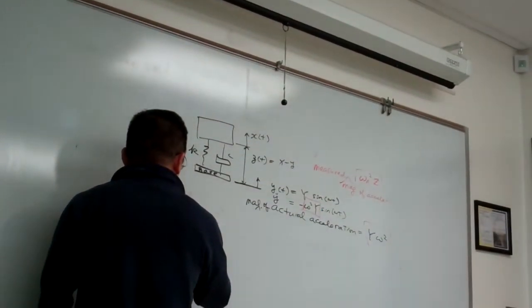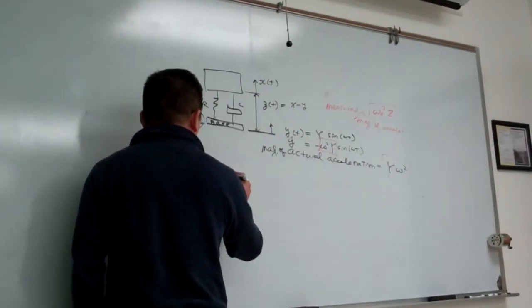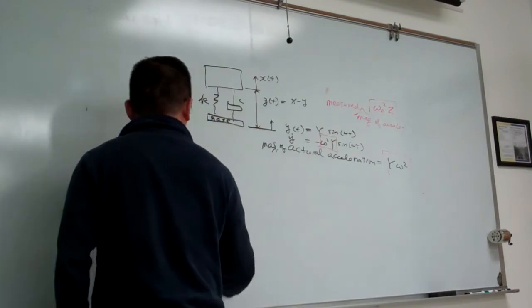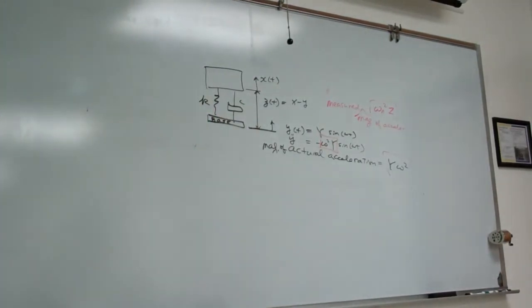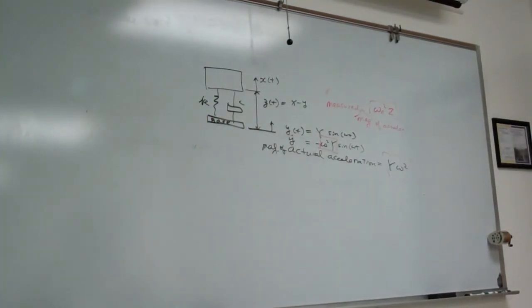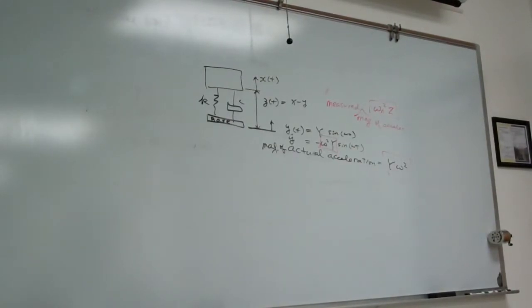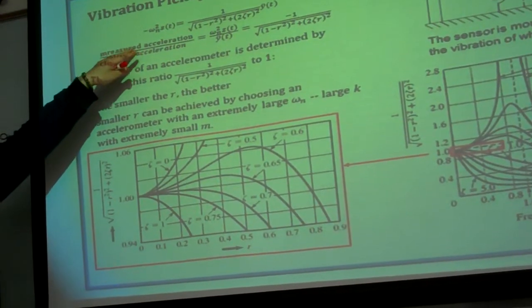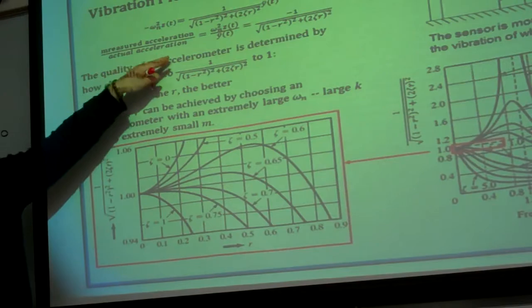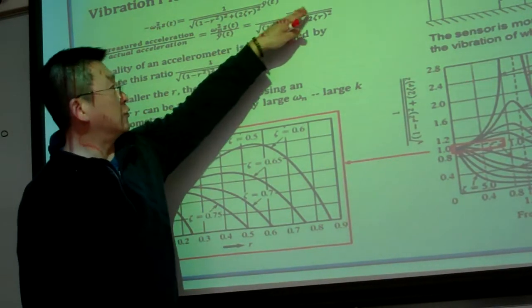Minus omega n. We're using this formula: the measured acceleration with respect to the actual acceleration, in magnitude, equal to these numbers.